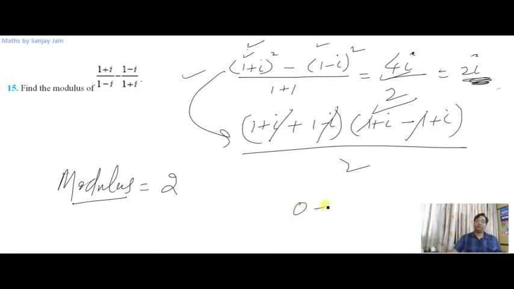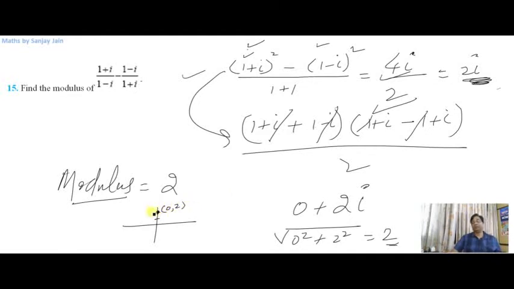Because you can write this number as 0 plus 2 iota, and what is the modulus? 0 squared plus 2 squared, square root, that is square root of 4, which is 2. And if you know where 2 iota is, it will be somewhere here. This is the point representing the complex number 2 iota. So you already know its modulus will be this distance, that is 2.